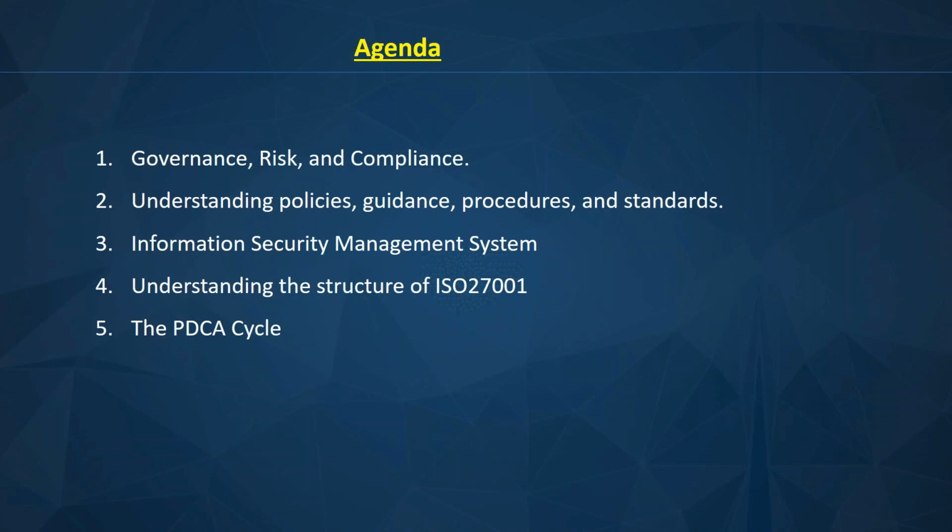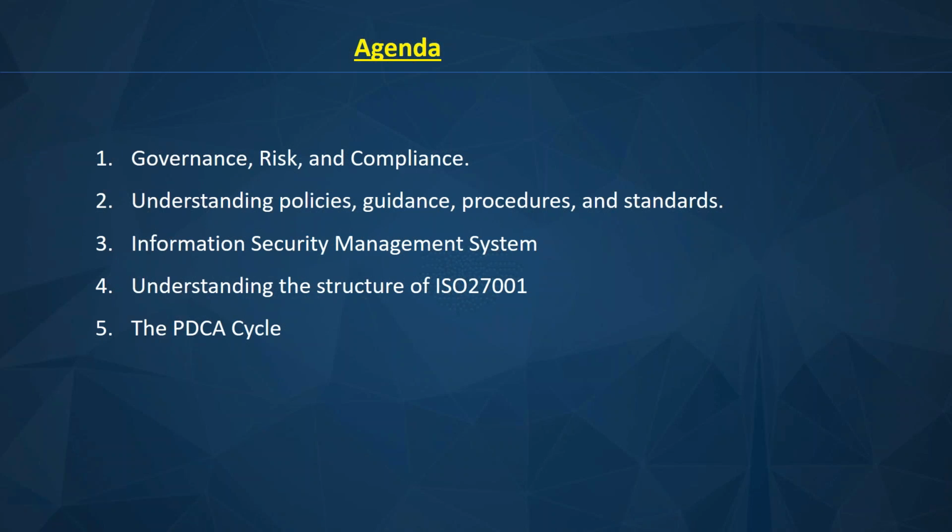The elements of an information security management system are policies, guidance, procedures, and standards. You need to understand what these terms mean, because you could be asked in an interview what the difference is between a policy and a guidance, or a policy and a procedure, or a policy and a standard.